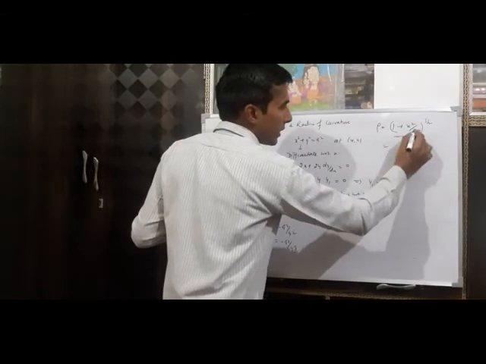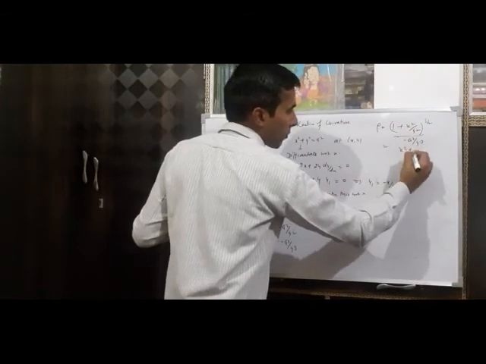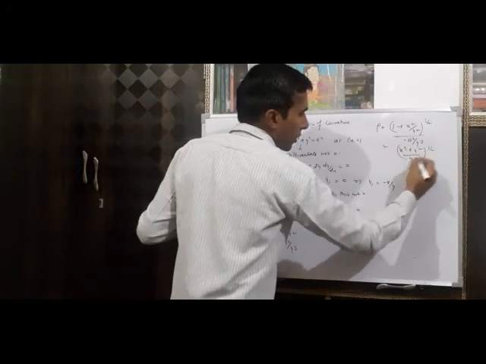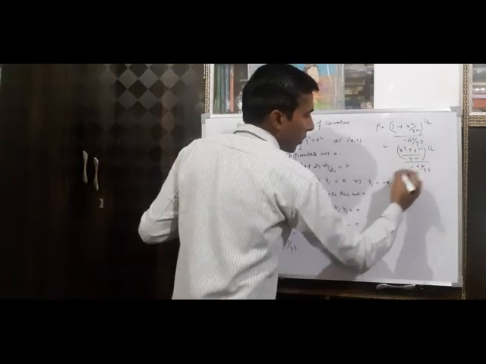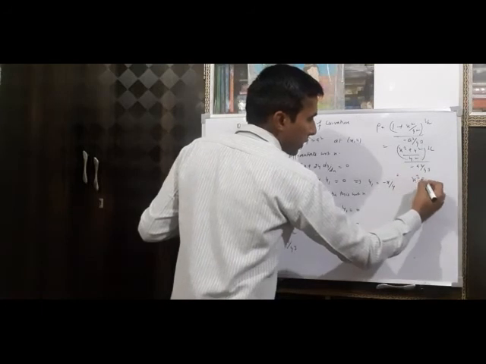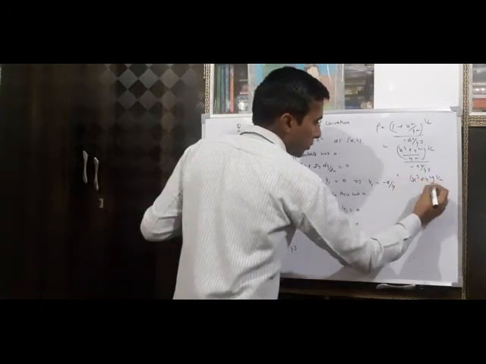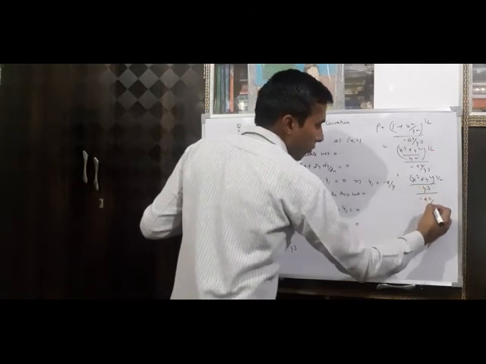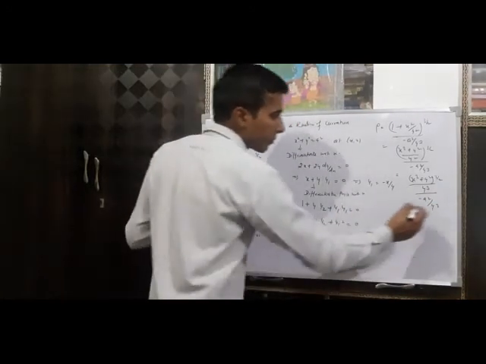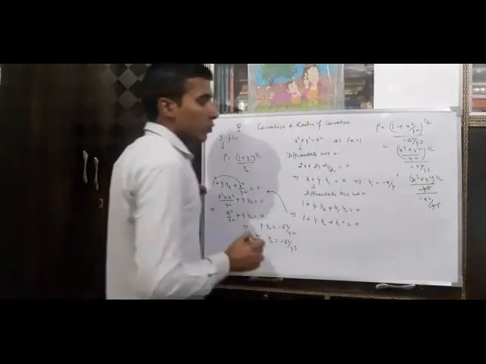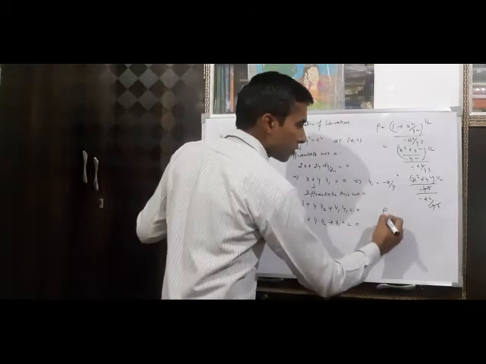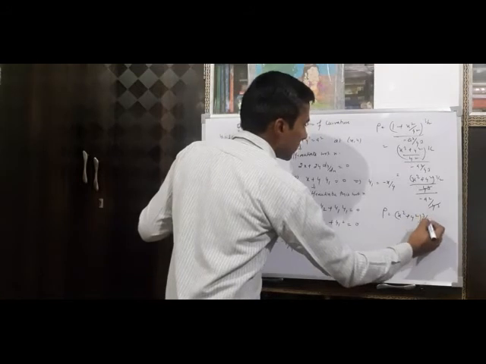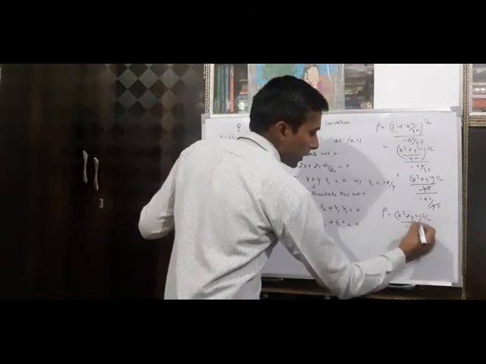So when we simplify this taking the LCM, this is x square plus y square raised to power 3 by 2 upon y cube, and again minus a square upon y cube. When we cancel y cube with y cube, we get the radius of curvature as x square plus y square raised to 3 by 2, upon minus a square.